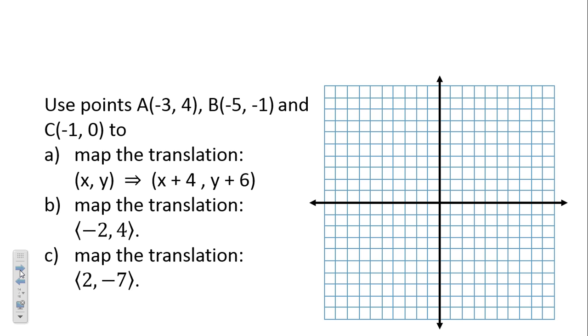Because we're always mapping the original. I know, it gets off the paper. So you start here. 1, 2, 3, 4, 5, 6, 7. And right here, there.